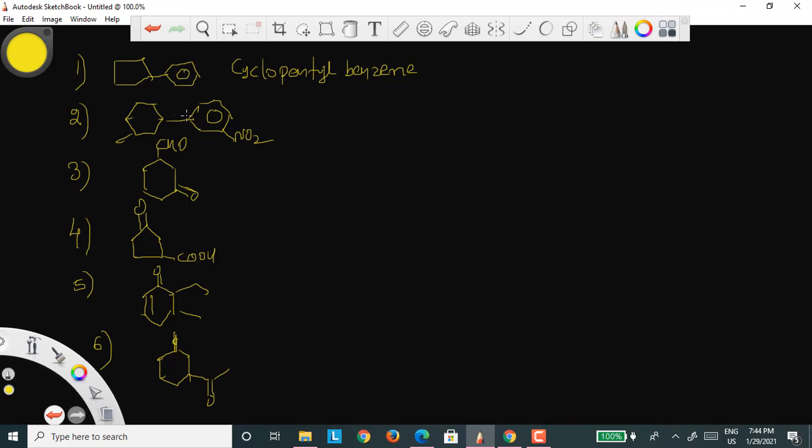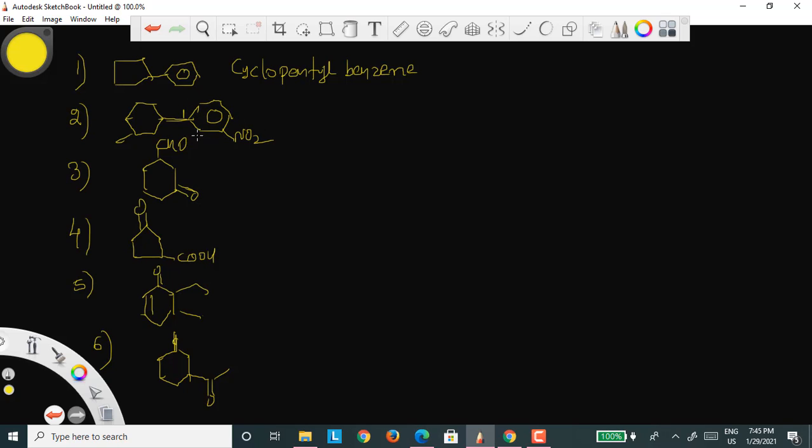Now in benzene the substituent is given. The substituent cyclopropyl group and NO2 is also a substituent. So priority wise, the cyclic compound has more priority than the NO2 group. So this should be number 1.